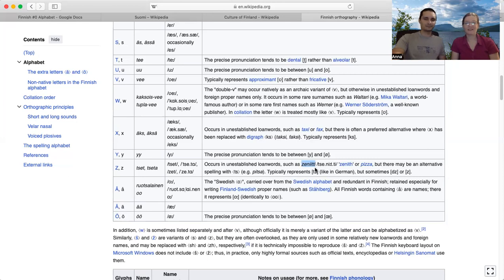I don't know how to say this in English. The A with an O with the dot above.